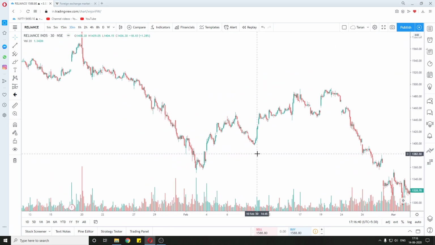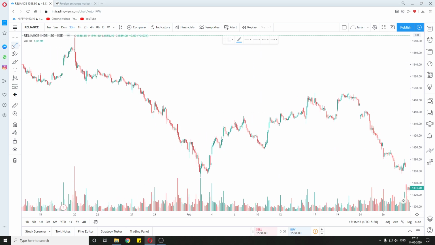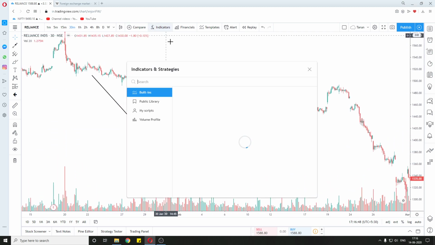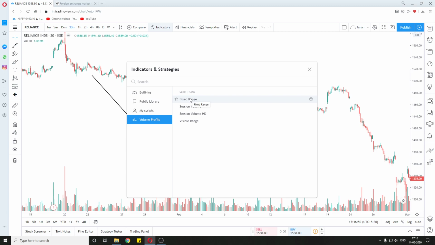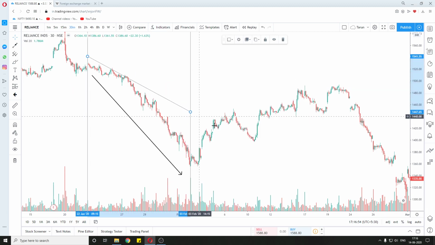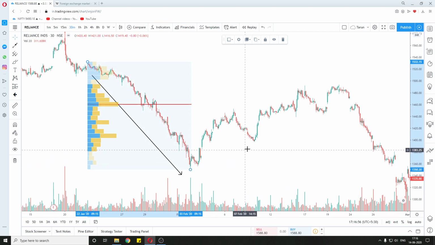So let's say this was a downtrend. This was an entire downtrend. So what we do is we plot the volume profile fixed range starting from this area through the downtrend, and then we'll see at what particular price the most amount of trading has happened.